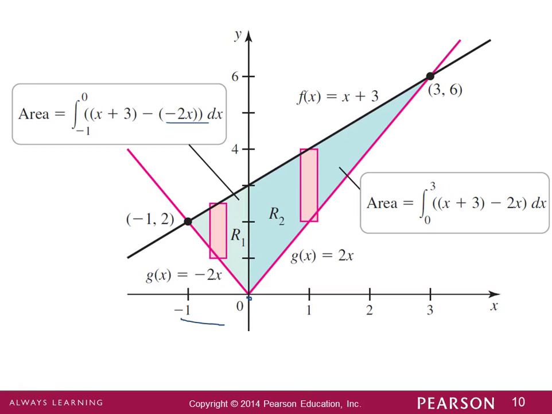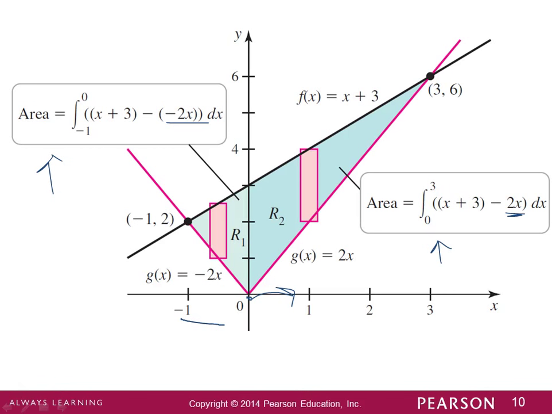It looks like a line of -2x, but then at 0, it transitions to the function of 2x. So to do this problem effectively, we have to split it up into two separate integrals. So we have integral 1 here, integral 2 here, from -1 to 0 and from 0 to 3, and then we add those two areas together.